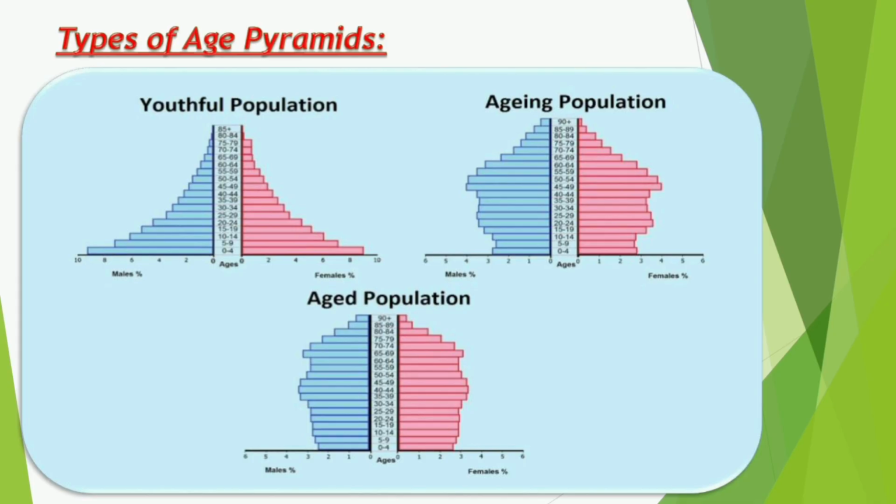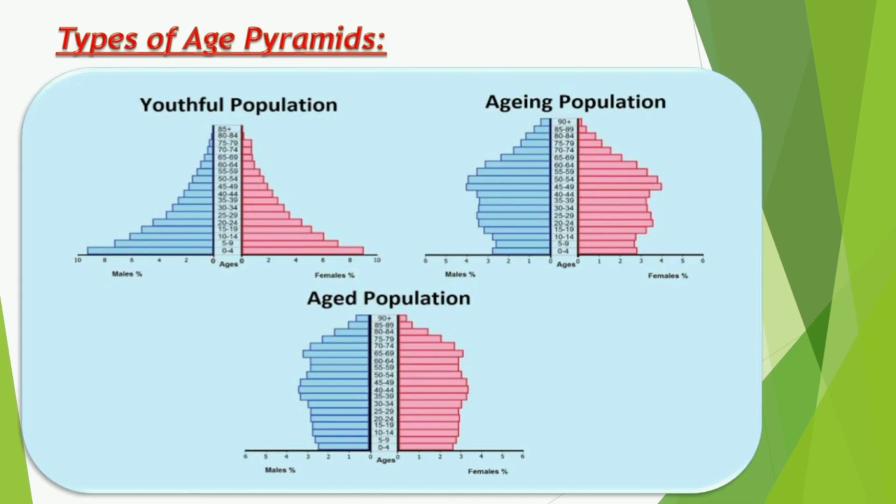As we move upward, the pyramid becomes narrower, showing that fewer people survive to older ages. This kind of pyramid is typical for countries with high birth rates, high but improving death rates, and fast population growth. In simple words, more kids, fewer elderly, and a rapidly growing population.